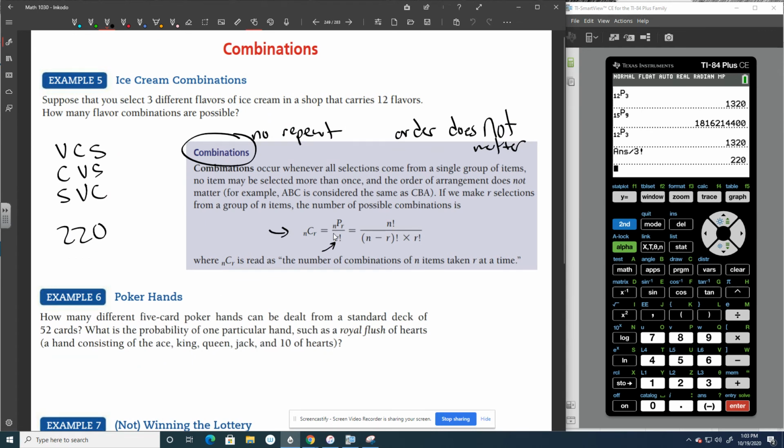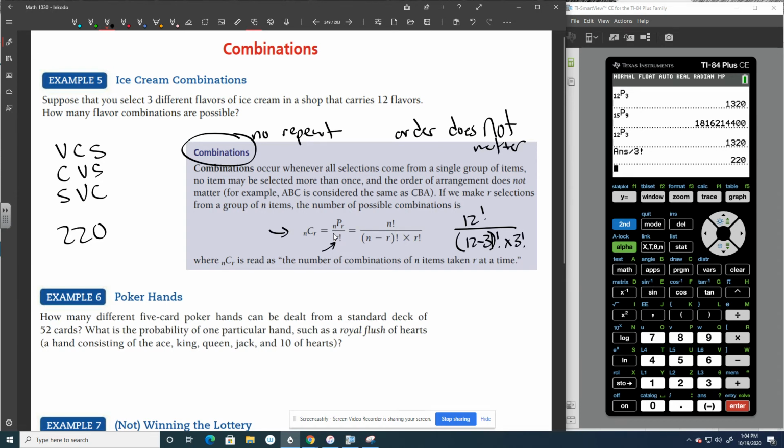Okay, you can do nPr divided by r factorial. So I could do 12 factorial divided by 12 minus 3 factorial, sorry, not 12 minus 9, 12 minus 3, and times that by 3 factorial.